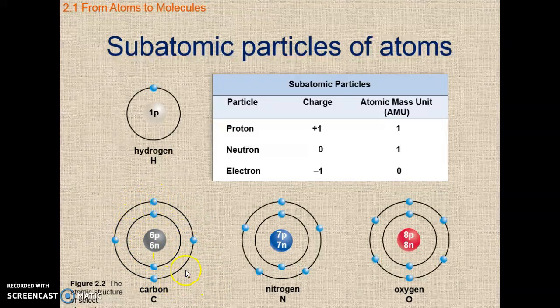They're always going to be moving, and you have the number of protons and the number of neutrons. 6 is going to be the constant number, and as long as the protons and the neutrons are the same, then your charge is neutral. 7 protons, 7 neutrons for nitrogen, charge is neutral. 8 and 8 for oxygen is a neutral atom as well.